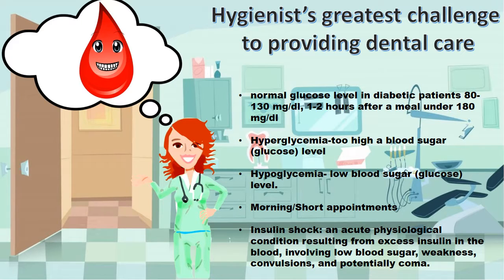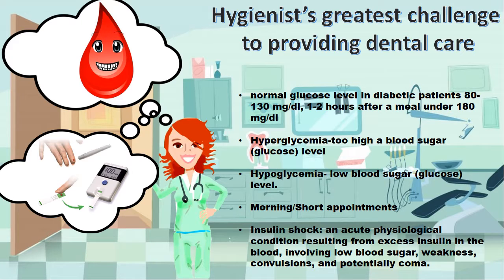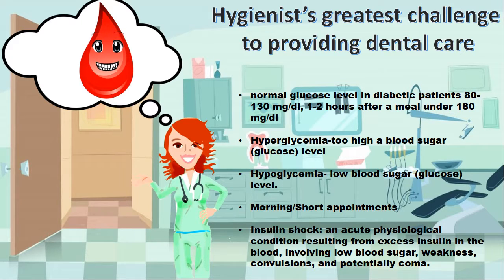Appointments should be scheduled by the severity of caries present in the patient's oral cavity, by applying sealants, giving oral hygiene instruction, tobacco counseling, and keeping glucose levels at a normal range of 80 to 130 milligrams per deciliter 1 to 2 hours after a meal, with under 180 milligrams per deciliter, will aid the patient to a healthy periodontium. Hygienists should use aids for dry mouth or xerostomia such as Biotene or sugar-free hard candy.